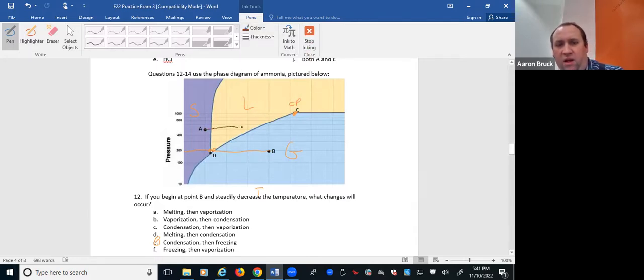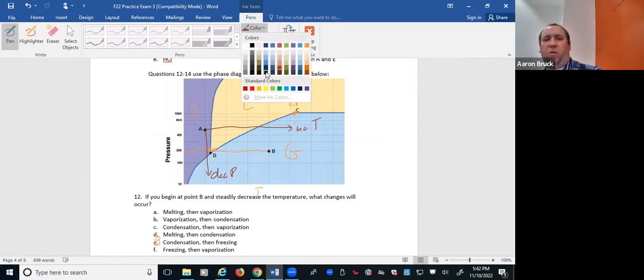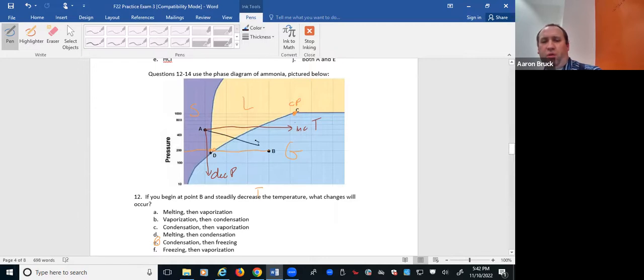I could increase the temperature, which means it would go through the liquid first, but we would eventually get it to the gas phase. Or I could decrease the pressure. So increase T or decrease P. Those are the two options. Now you may be saying to yourself, well, why couldn't you do both?